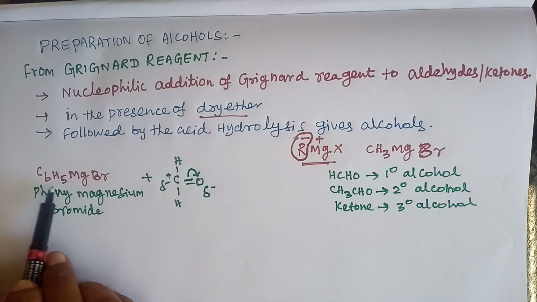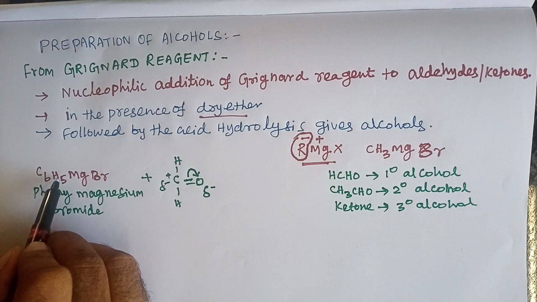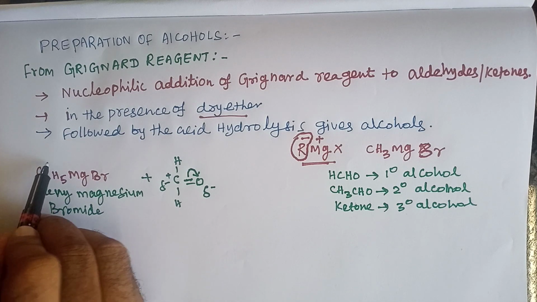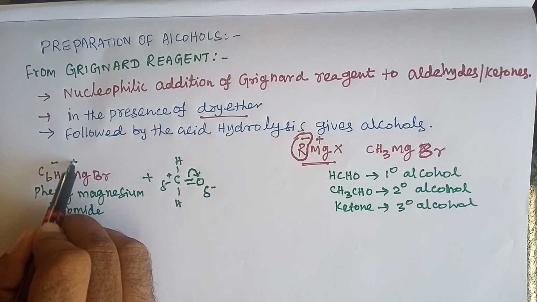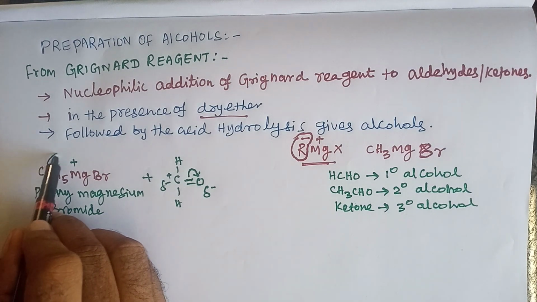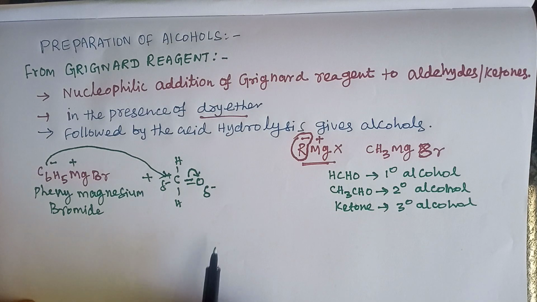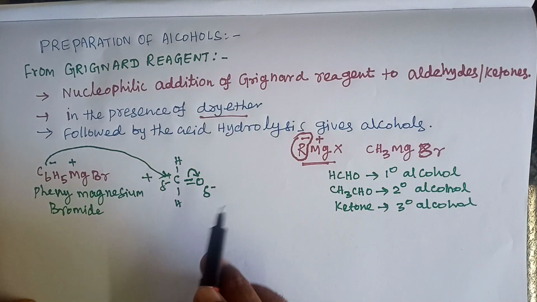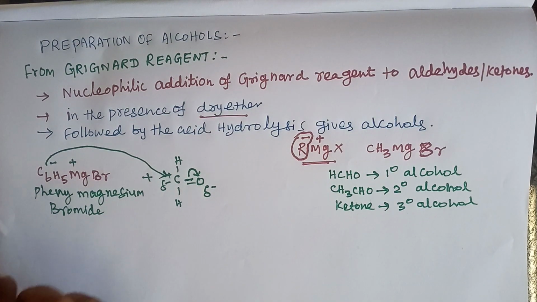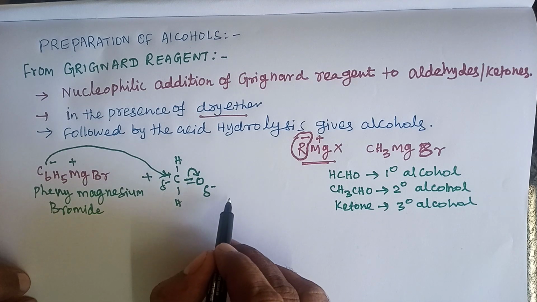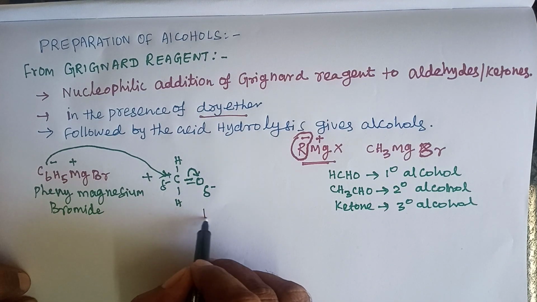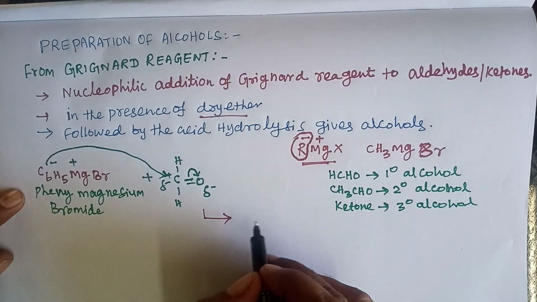In phenyl magnesium bromide, the C6H5 is the nucleophile. This nucleophile attacks this carbon, forming an addition product.